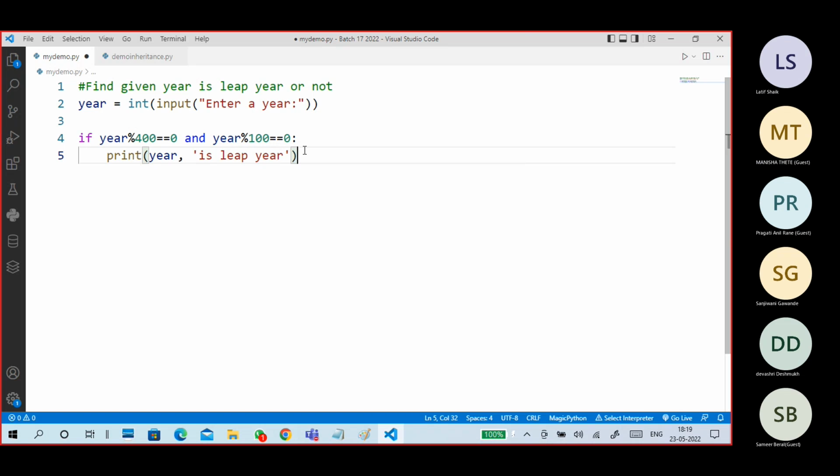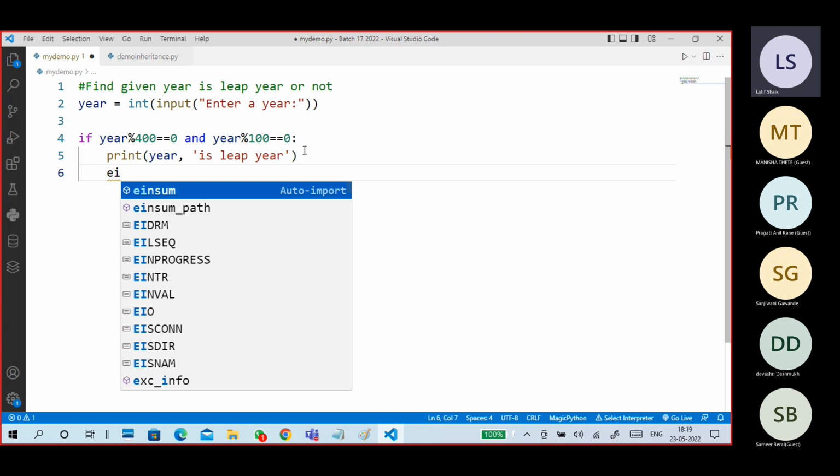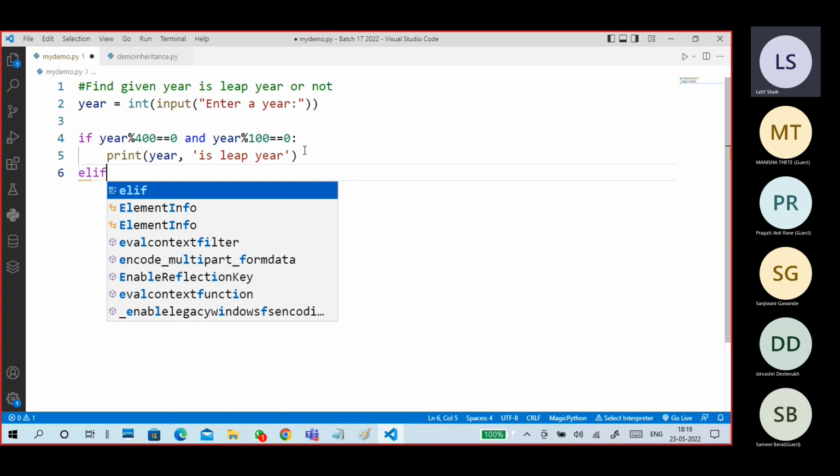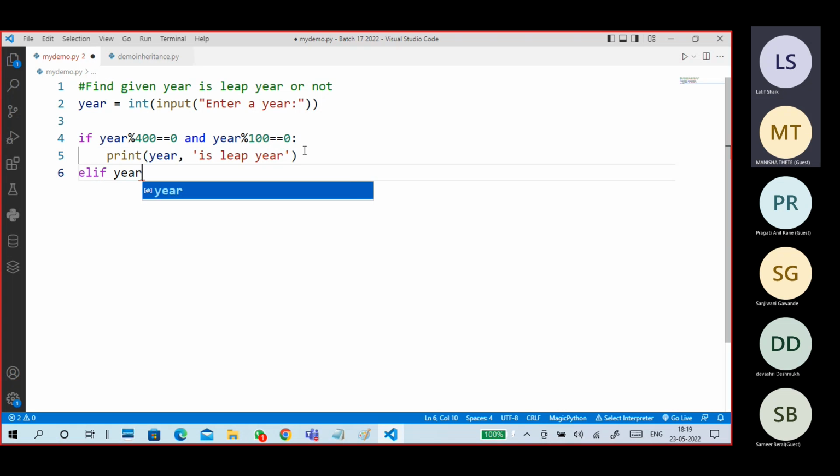Okay, so this is the advantage of IDE. Next one is two conditions. Else if it should divide by 4 but not by 100. So it should be divided by 4, the remainder must be 0.